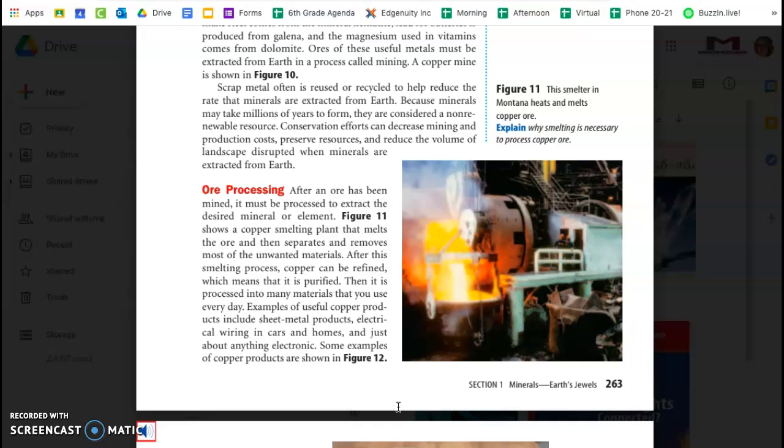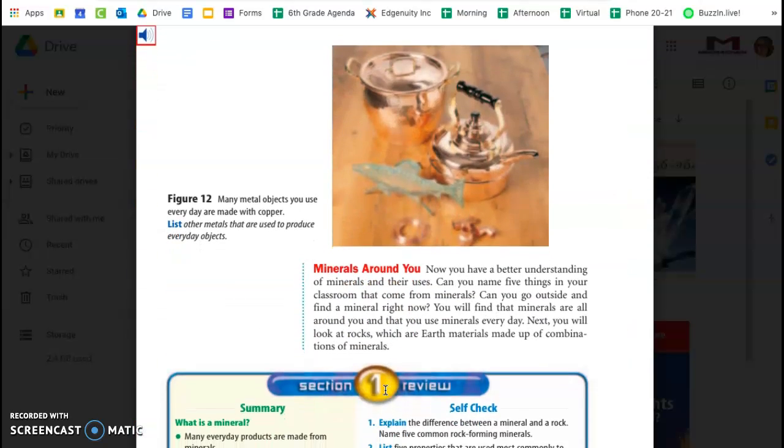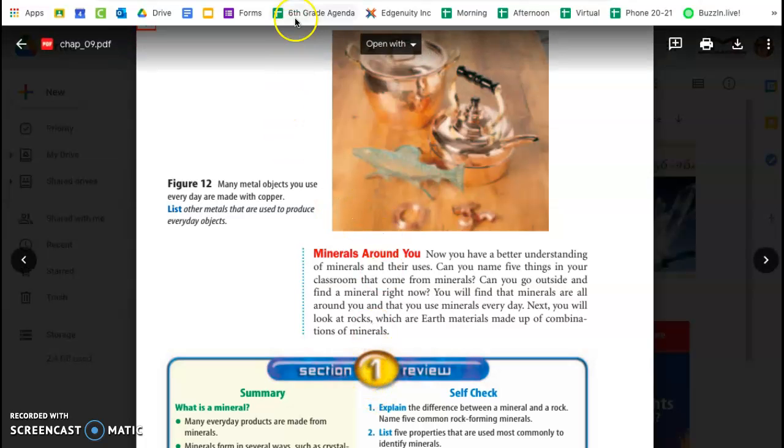And those specific minerals are used in many, many everyday items that we need around our house. So, why are we talking about minerals? They make up the Earth, specifically the rocks that we're going to talk about in this rock cycle.